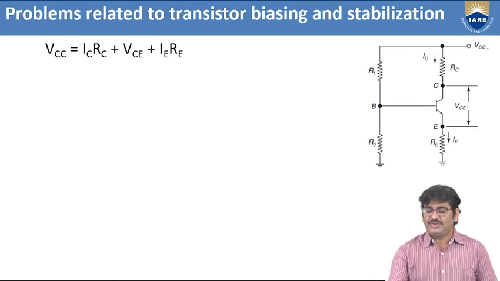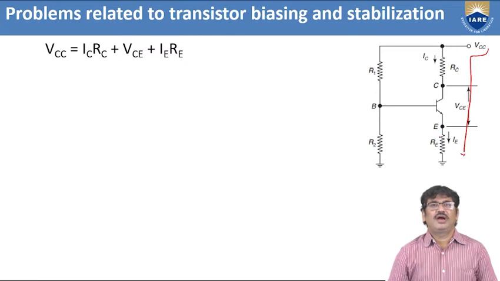The KVL expression for the output circuit is VCC is equivalent to the voltage drop across RC, that is IC into RC, plus collector to emitter voltage, which is VCE, plus the voltage drop across emitter resistance IE into RE. From this, we can extract RC. VCC is provided, IC is provided, VCE is provided, IE estimated, RE is given in the problem.